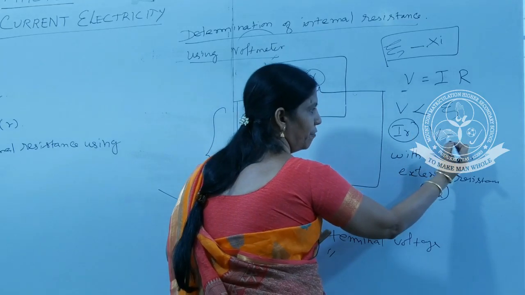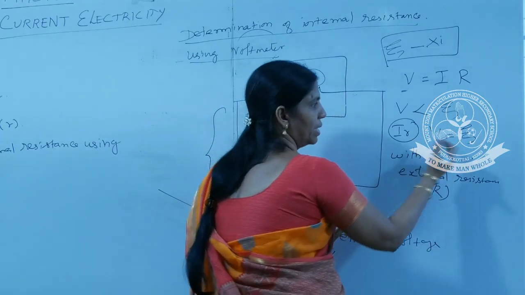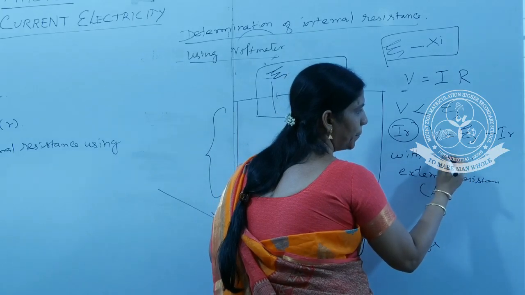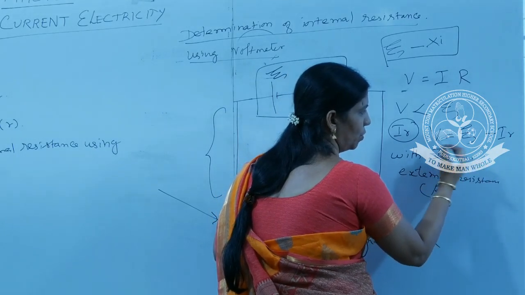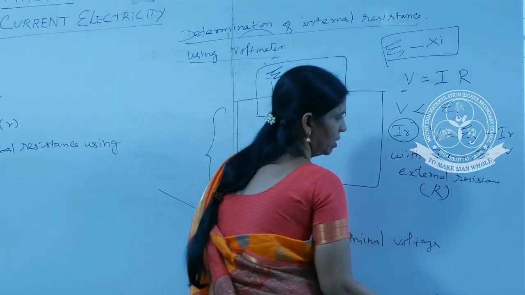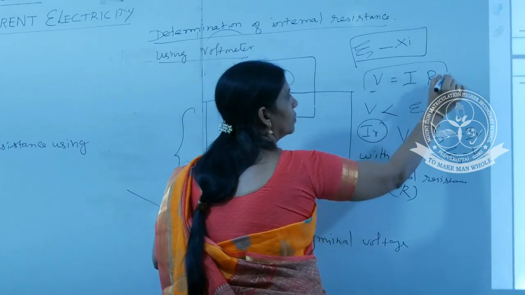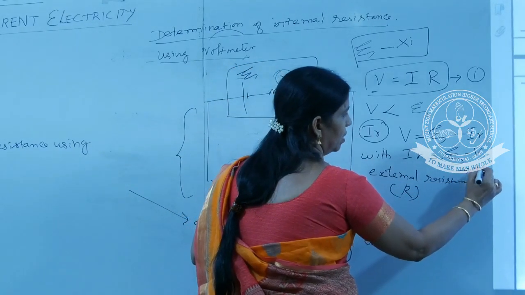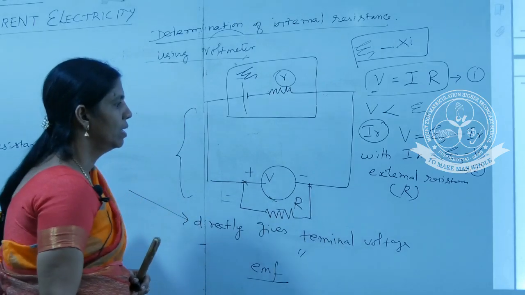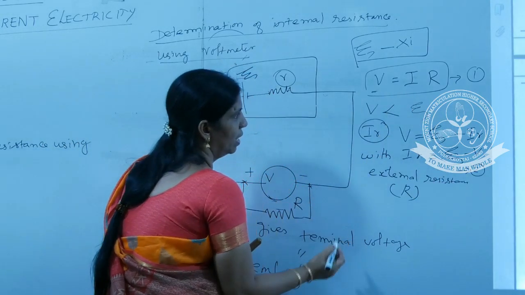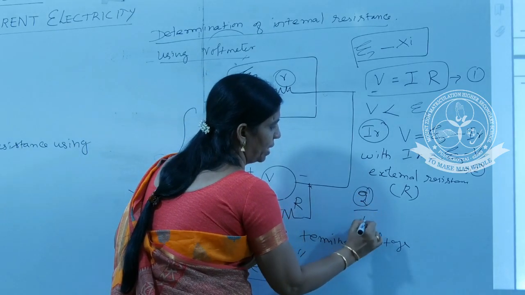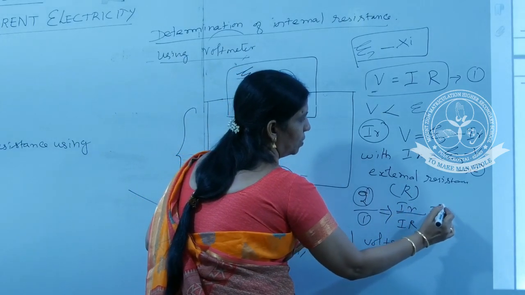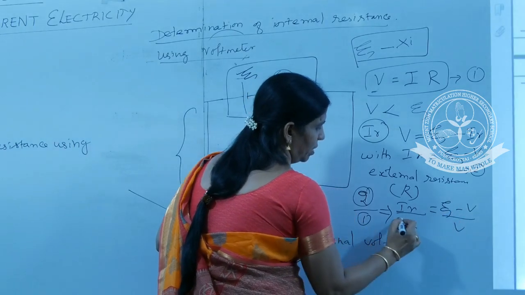So, we can write V equal to Xi minus I r, and so we get I r equal to Xi minus V. And we have previously seen that V is equal to capital I R. Dividing equation 2 by equation 1, we get I r divided by I R equal to (Xi minus V) by V, where I gets cancelled.